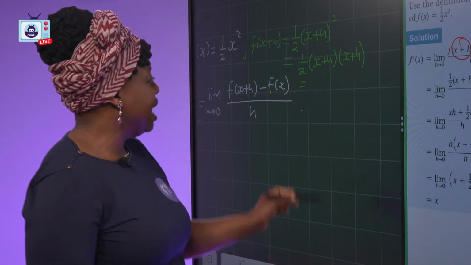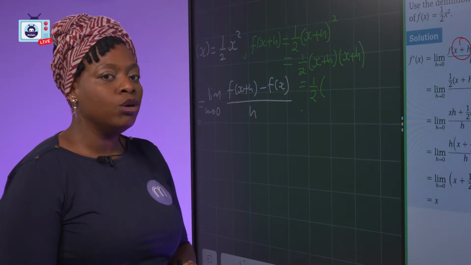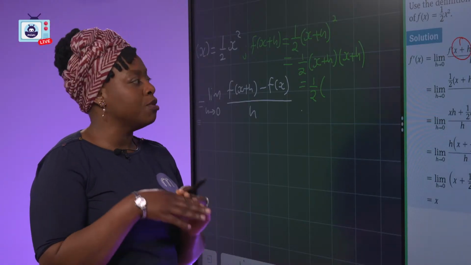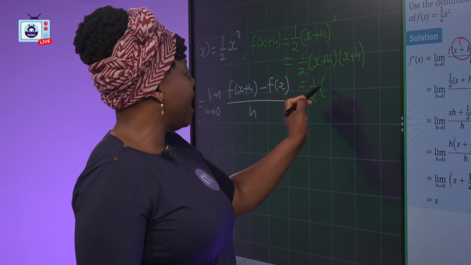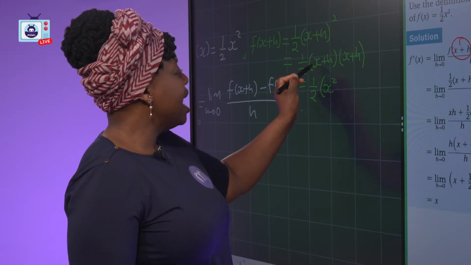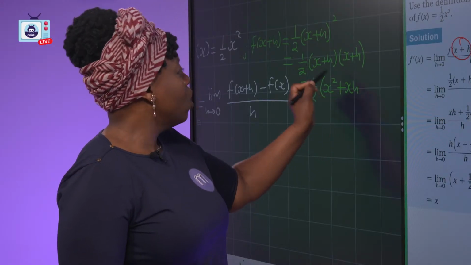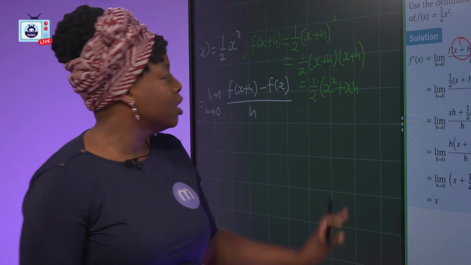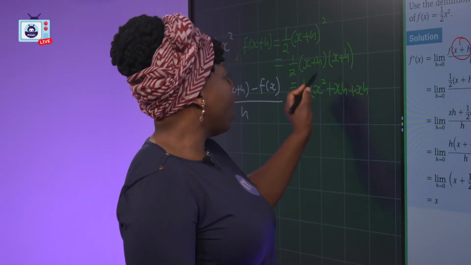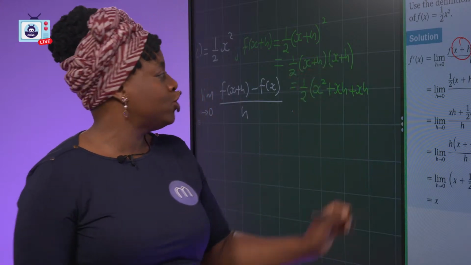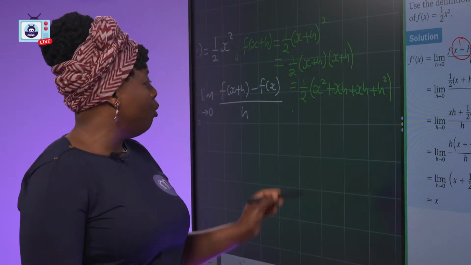That will then be equal to a half, and then you multiply out to remove the bracket. You expand, right? So x multiplied by x will give us x squared. x multiplied by h will give us plus xh, while h multiplied by x will also give us xh, while h multiplied by h will give us h squared. Then we move from there.